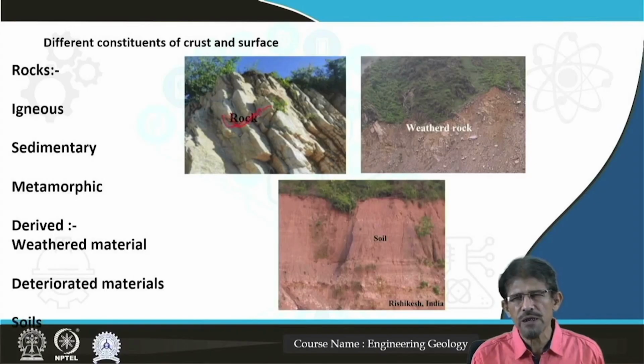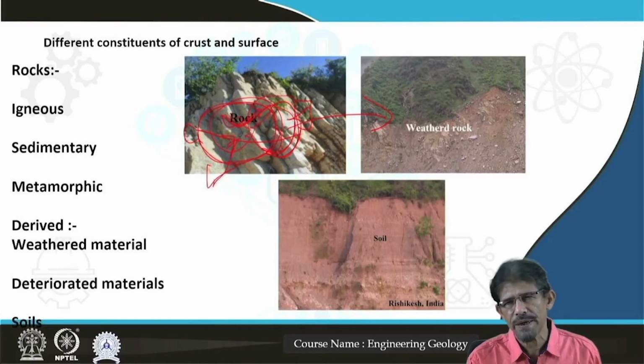This is one exposure of a well-developed rock, and I collected this example from Devprayag in the Lesser Himalaya. When this type of rock is subjected to different natural surrounding environmental changes or inherent changes, it is responsible for the development of derived material as weathered material.